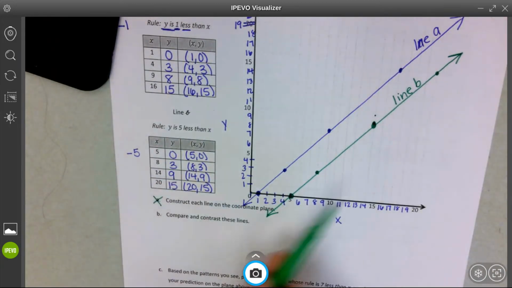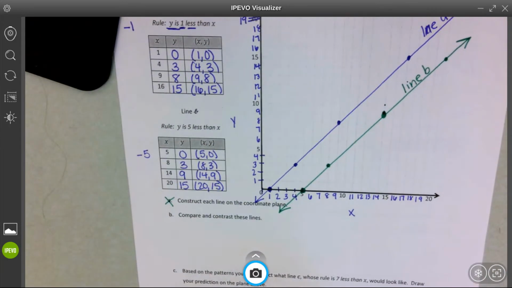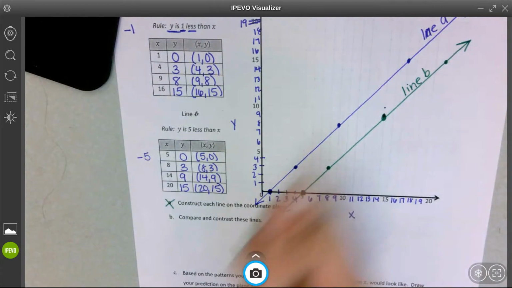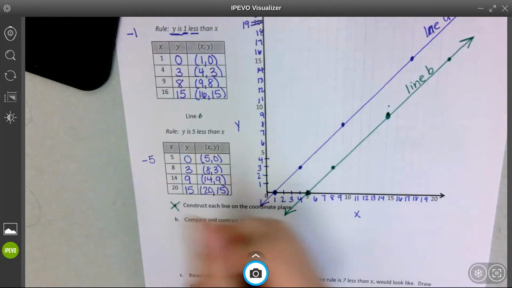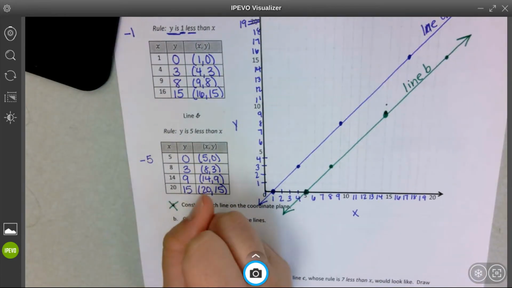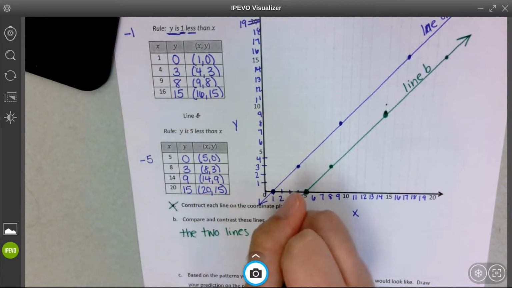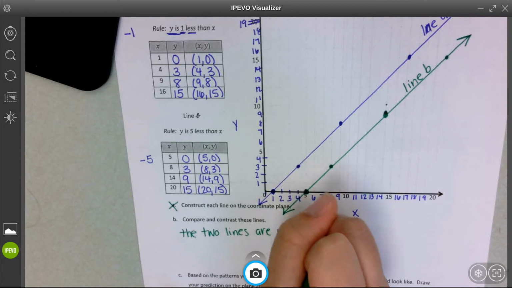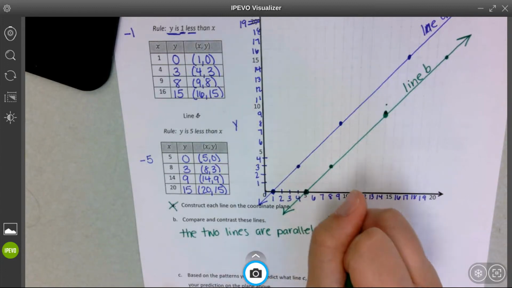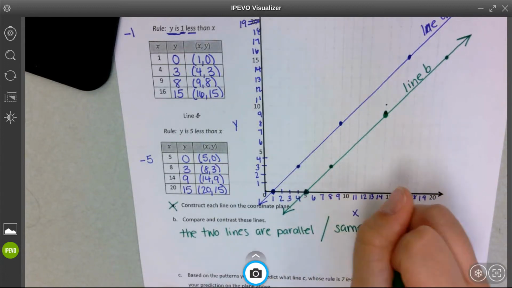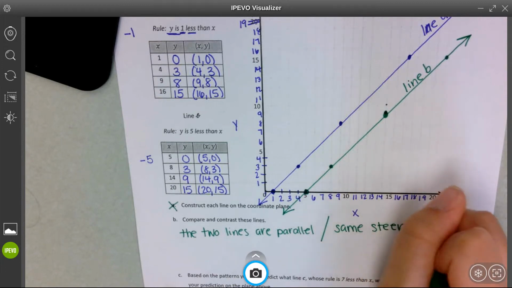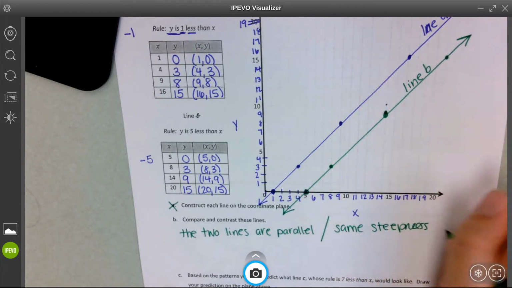I compare and contrast. Well, what do I notice about both of these? They are going up at the same steepness. They are parallel. The two lines are parallel, or they have the same steepness. Or we can use an 8th grade word and say same slope.